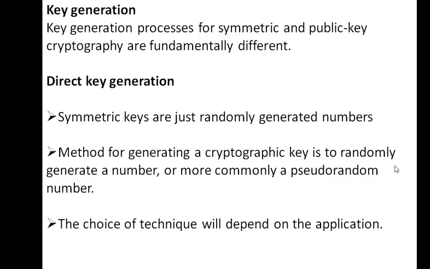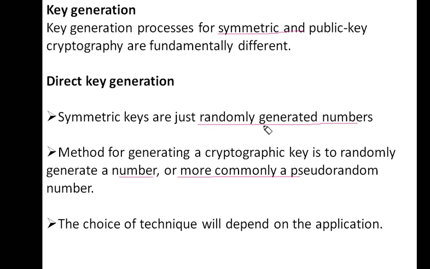Then key generation. The key generation process for symmetric and public key cryptography is fundamentally different. First, direct key generation. Symmetric keys are just randomly generated numbers. The method for generating a cryptographic key is to randomly generate a number, or more commonly a pseudo-random number. The choice of technique will depend on the application, which type of application you are using.